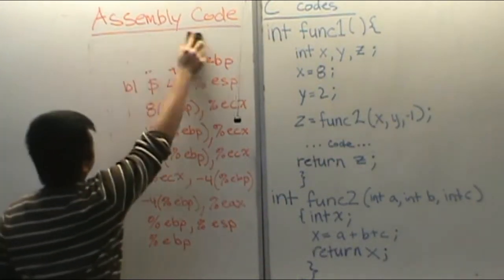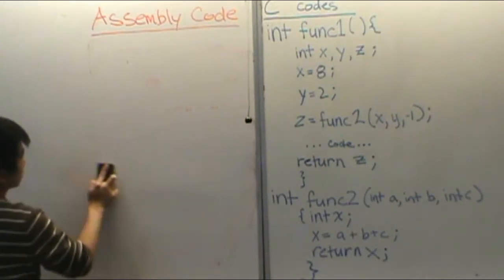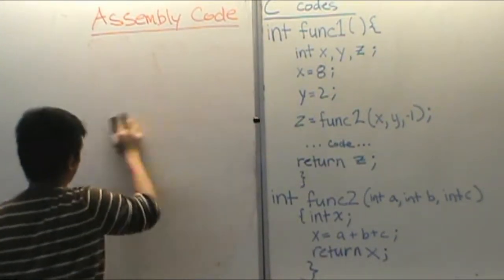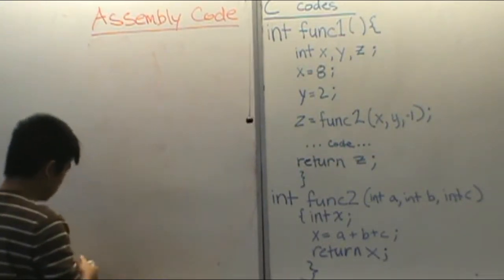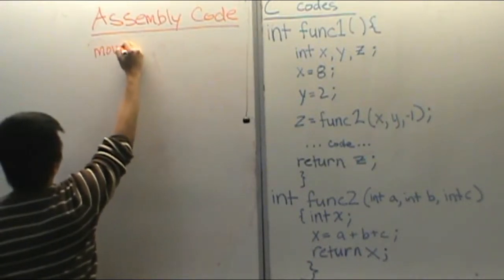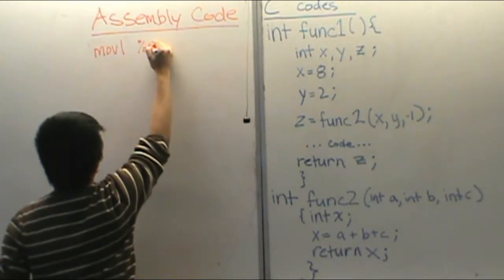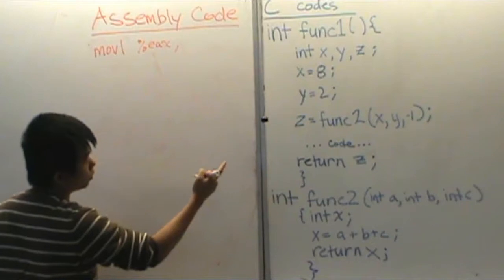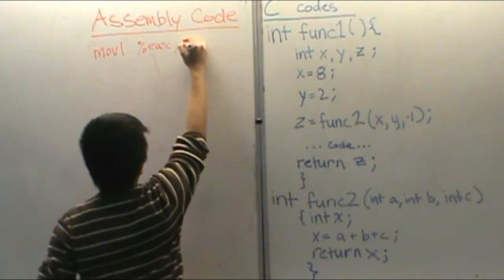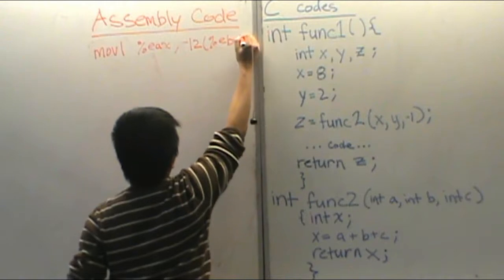So after all that, we had to move the values in register A to the variable of function 1 z, which is negative 12 percent EBP.